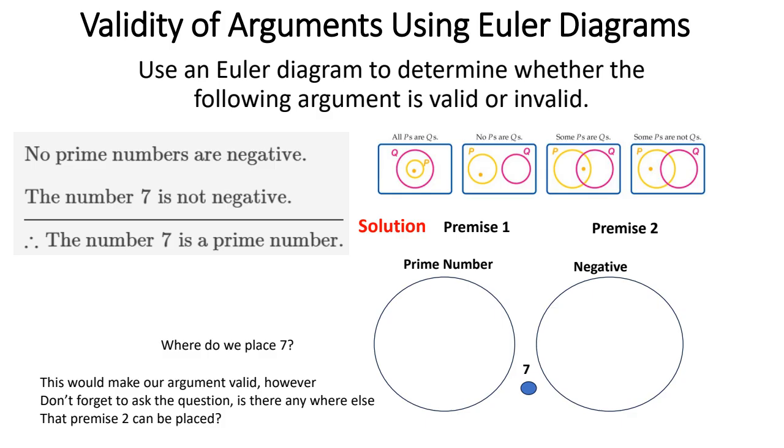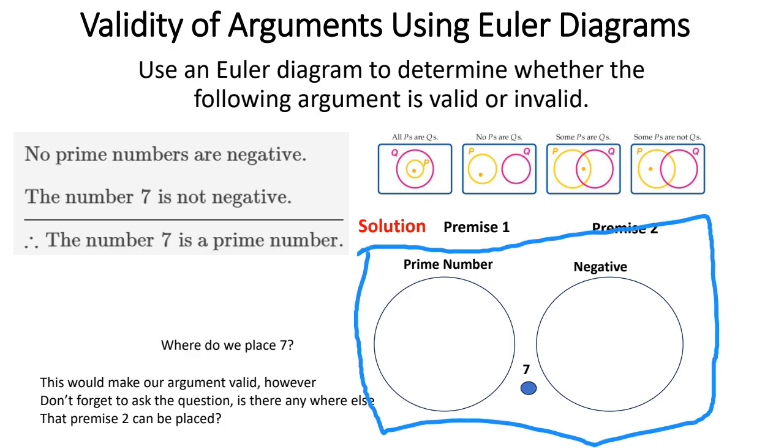So if I put 7 here, let me just draw my box. So if I put 7 out here, this is still true that the number 7 is not negative, right? So it's still okay. But now is our conclusion true? The number 7 is a prime number. Well, it's not in the circle.